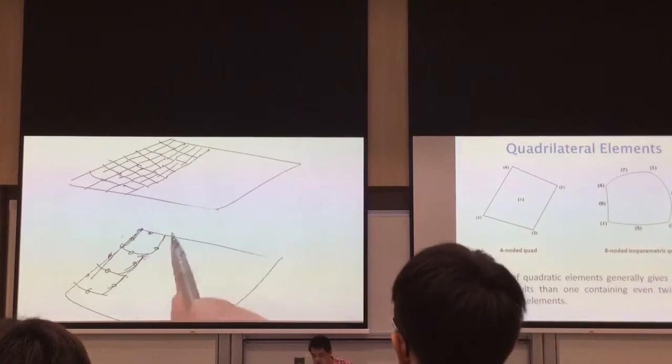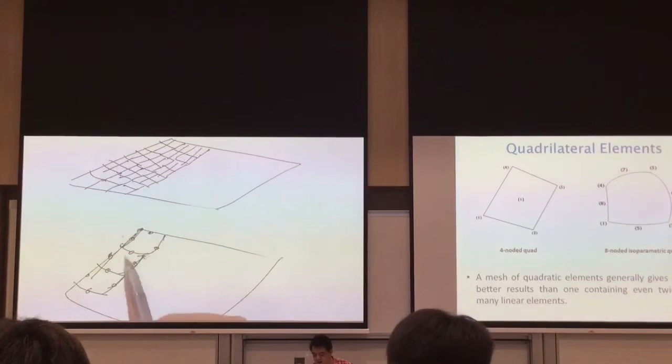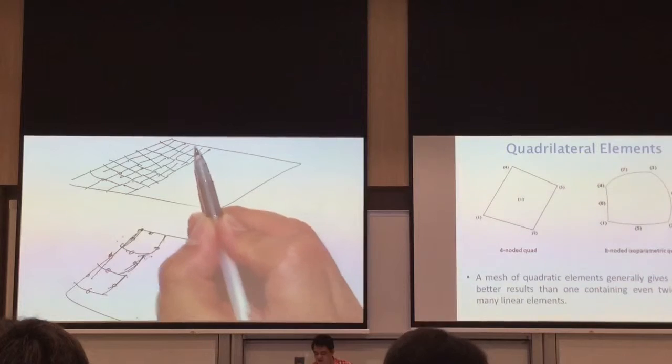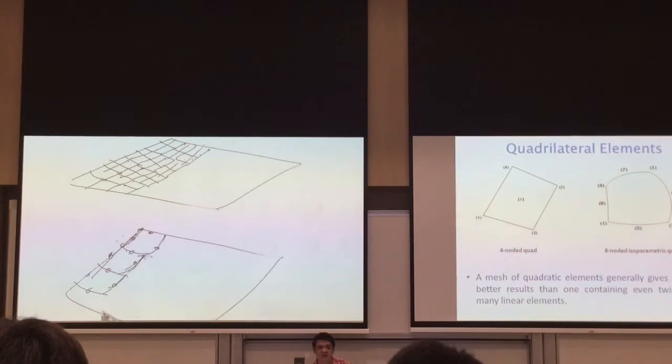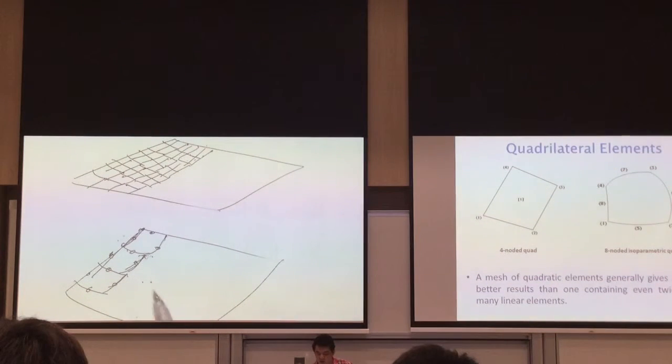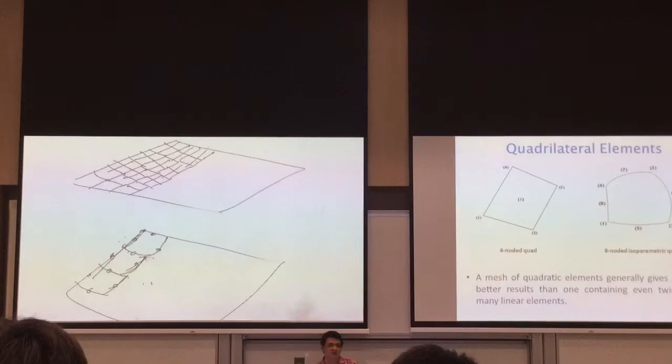Lesser computational time, although more because you have more nodes per element. This one you just have 4 nodes per element, but in the end, this analysis will still be faster and more accurate. So that's the reason why you have different types of elements to choose from if you're going to use finite elements.